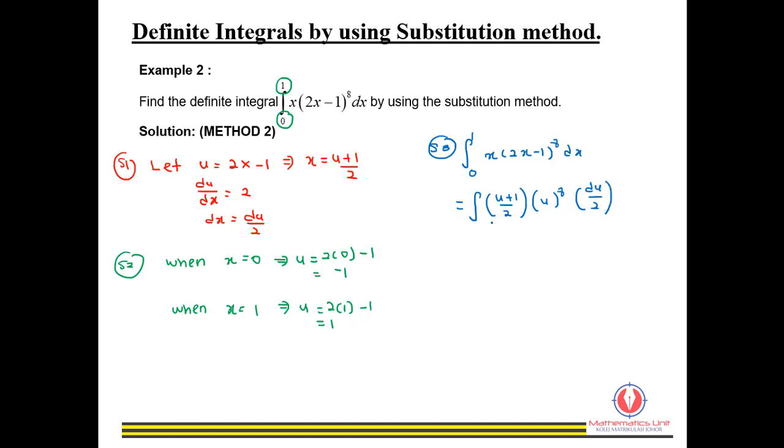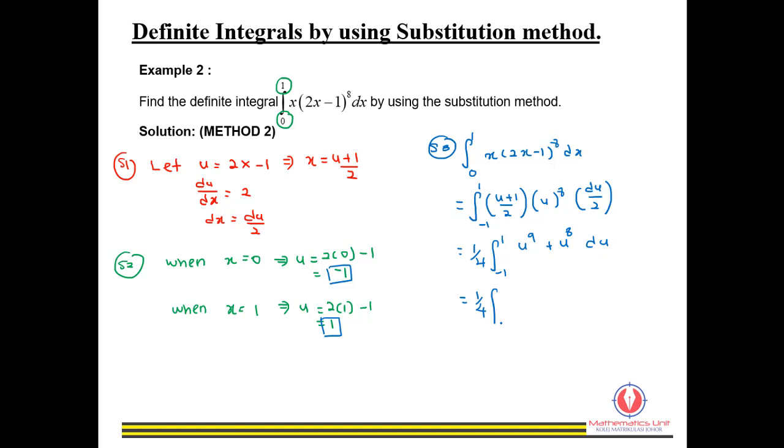And we can substitute the limit from negative 1 up to 1. Next, we're going to simplify it. We'll get, from negative 1 to 1, 1 over 4 times u to the power of 9 plus u to the power of 8 du.